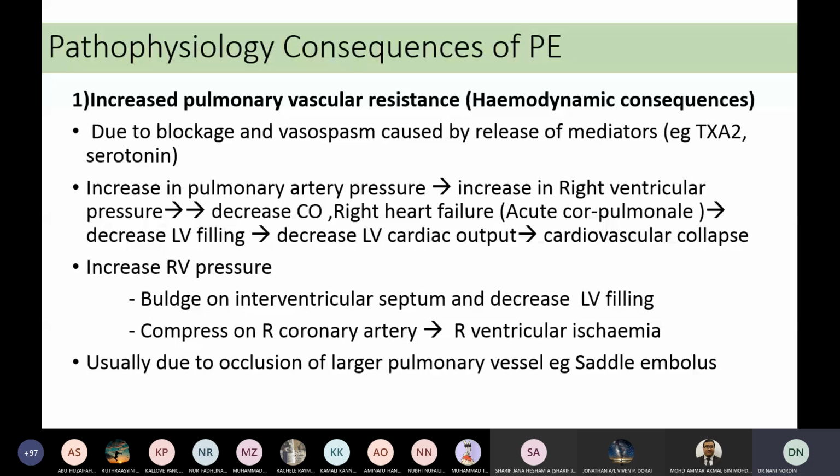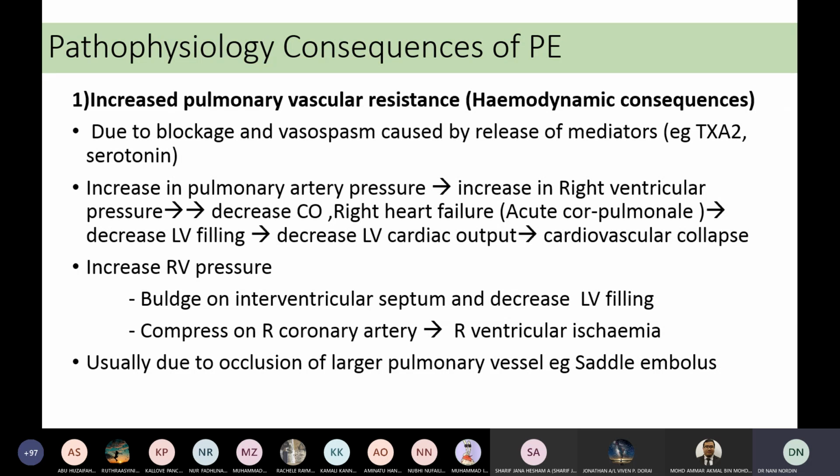So what happens when there's an increase in right ventricular pressure? You will also have a bulge of the interventricular septum because of the increase in pressure. That will lead to a decrease in left ventricular filling, which, as we talked about before, leads to a decrease in cardiac output, and then you can have cardiovascular collapse.